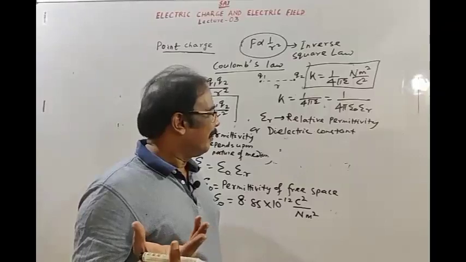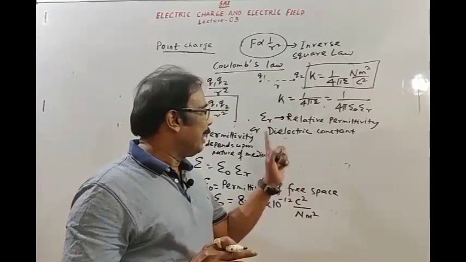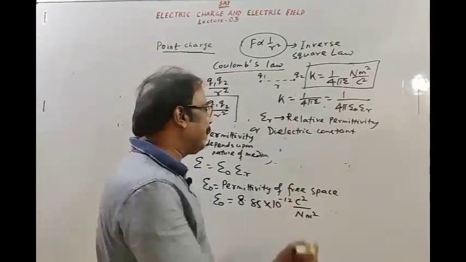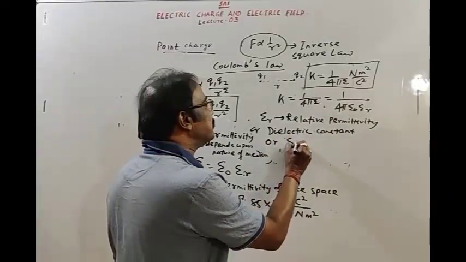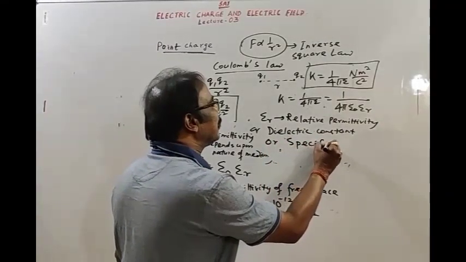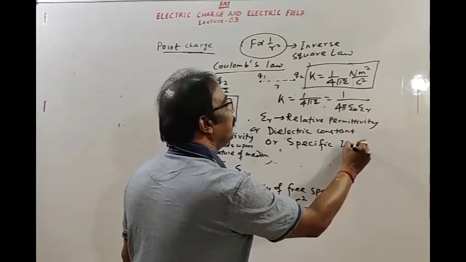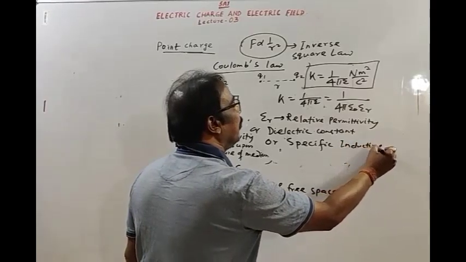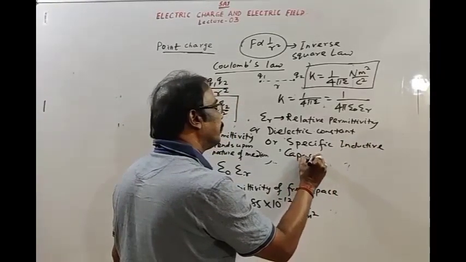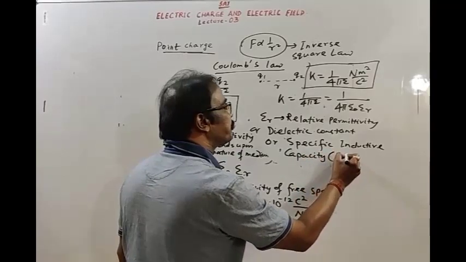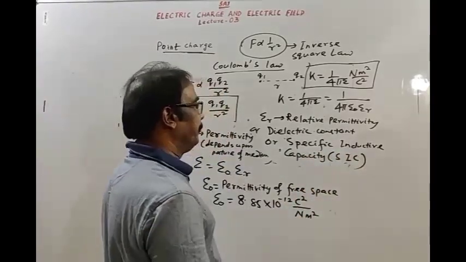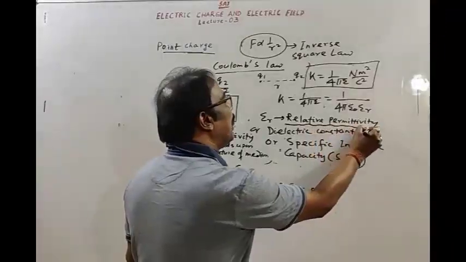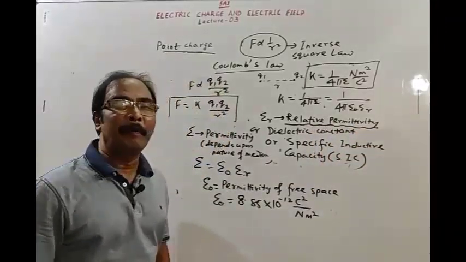Epsilon r is called as dielectric constant, or the other name is specific inductive capacity, SIC. Okay. So now our discussion is relative permittivity.